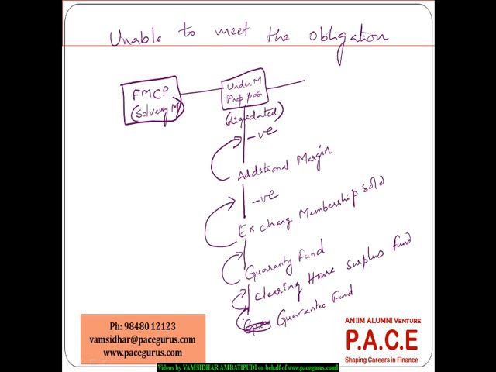So we see there is a sequence of steps involved in case any particular clearinghouse member is going insolvent or is unable to meet the obligations that are necessary for the trade.